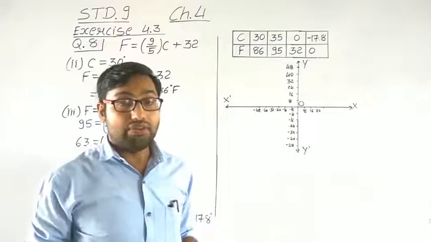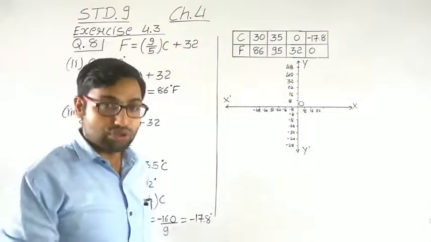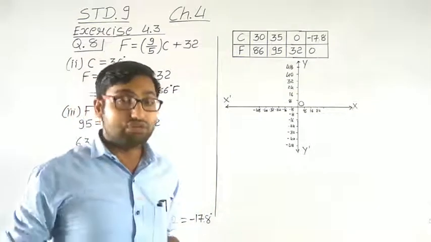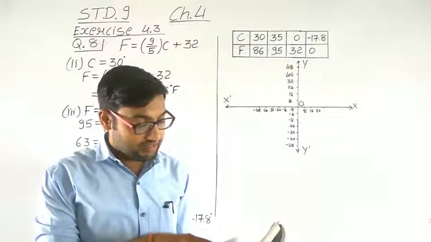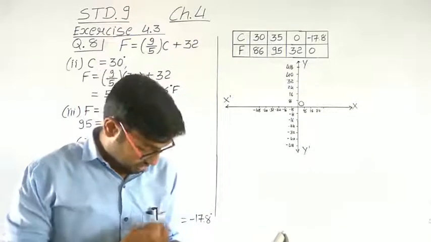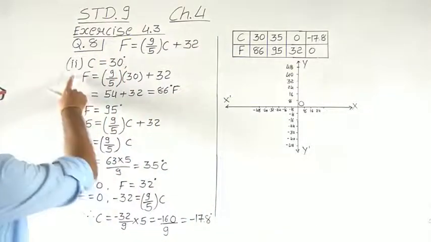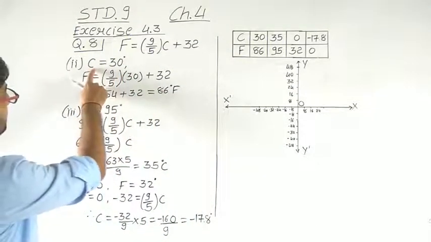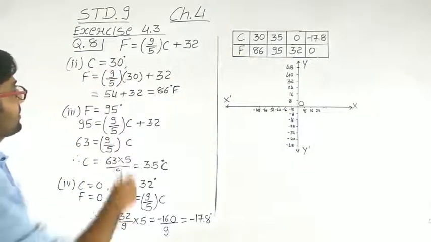So first of all, before we draw the graph, we must have the solution of this linear equation. To find the solution, the questions are given. See, if the temperature is 30 degrees Celsius, what is the temperature in Fahrenheit?